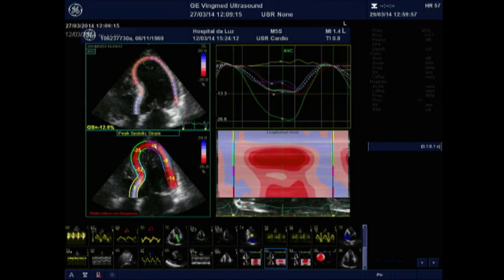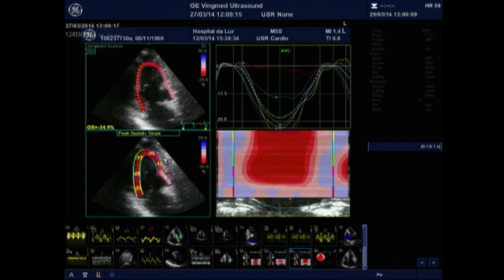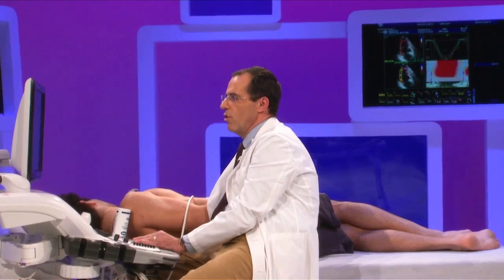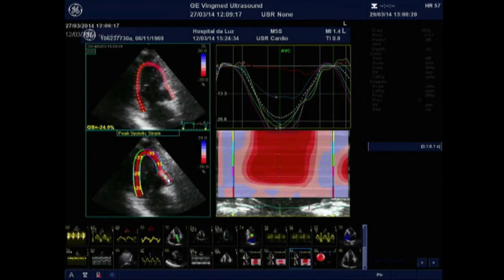There are other segments, specifically in the lateral wall, with very low, below -10, longitudinal strain values. And in the 2-chamber view, again in the anterior wall where the ASA procedure was performed, there is a very low -2 regional longitudinal strain, and the other segments are okay.